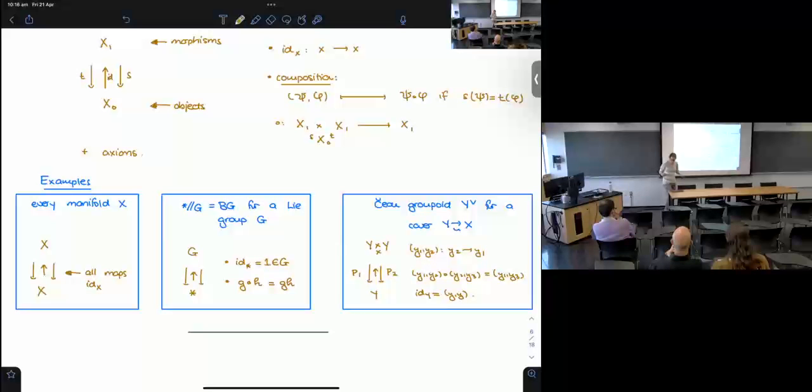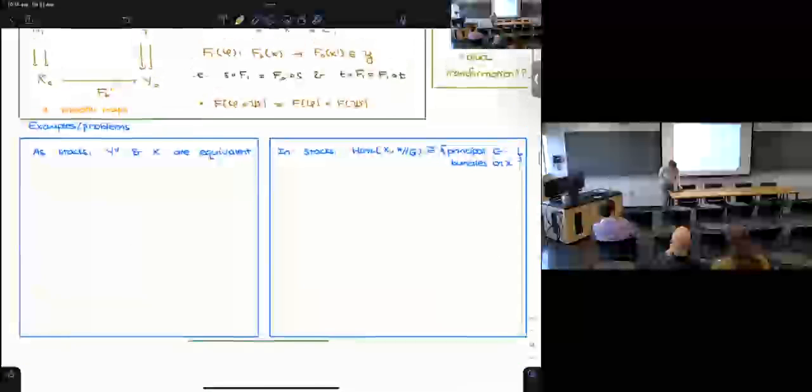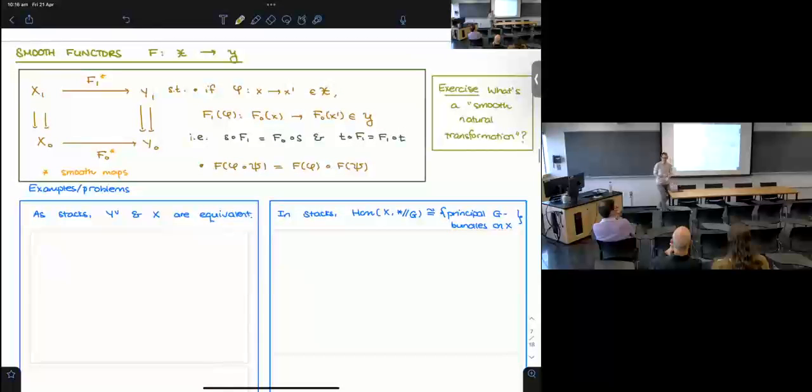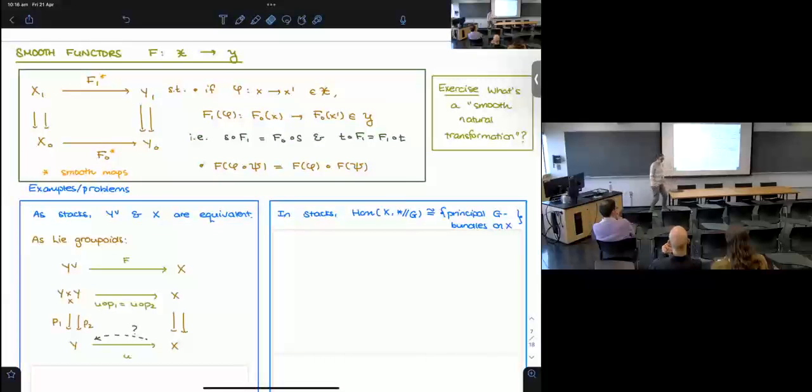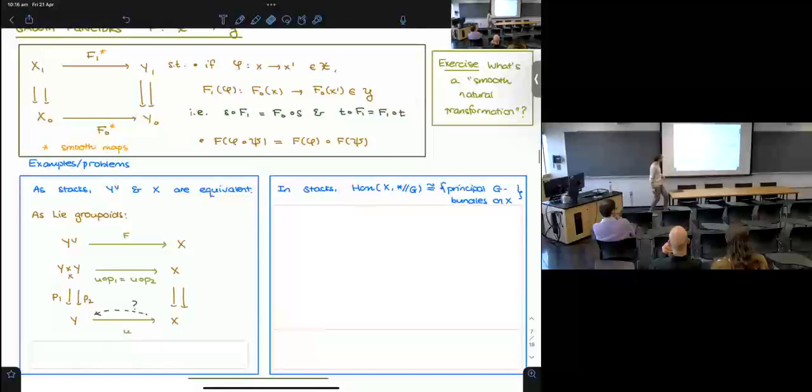So we've got that guy, and he's supposed to be equivalent to X. This is a groupoid model for X, so we should definitely have a smooth functor from one to the other, and we do. So here's my Y check. Objects are Y, and I can send a point of Y to a point of X. That's exactly what my covering map did for me. And upstairs, I can take either of these two compositions because they're equal.